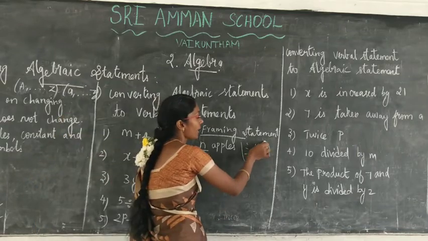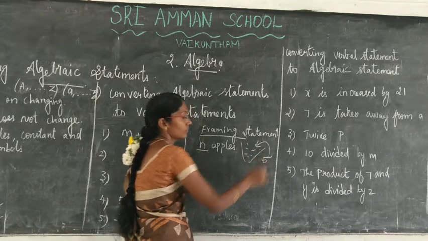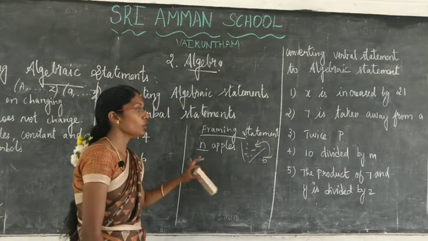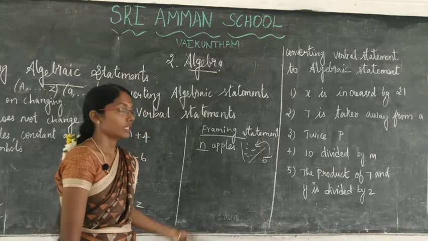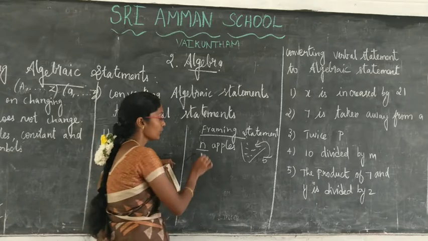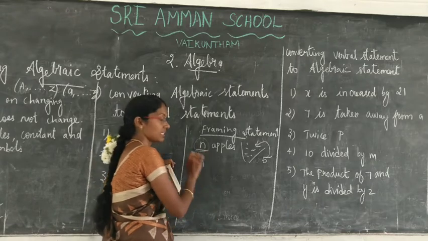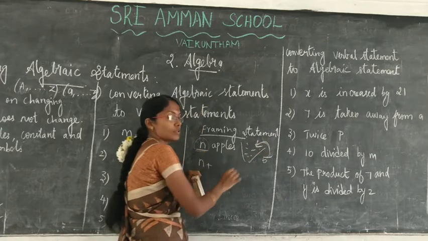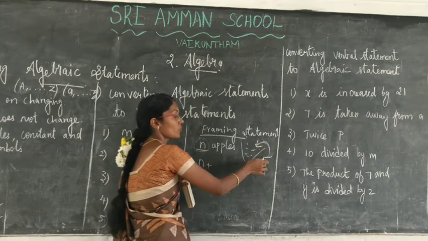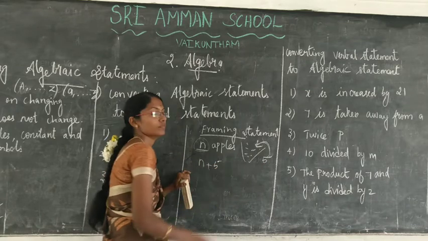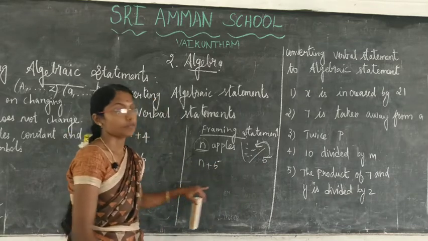You have to add 5. How will you frame the expression? You don't know how many apples, so n. We are going to add, so plus. How many are you going to add? 5. So n plus 5.